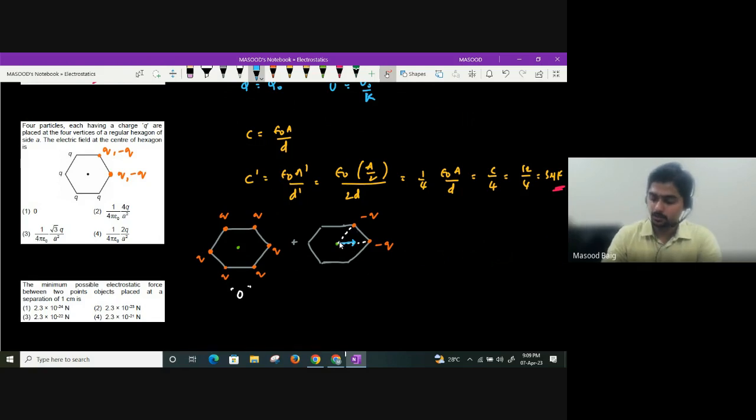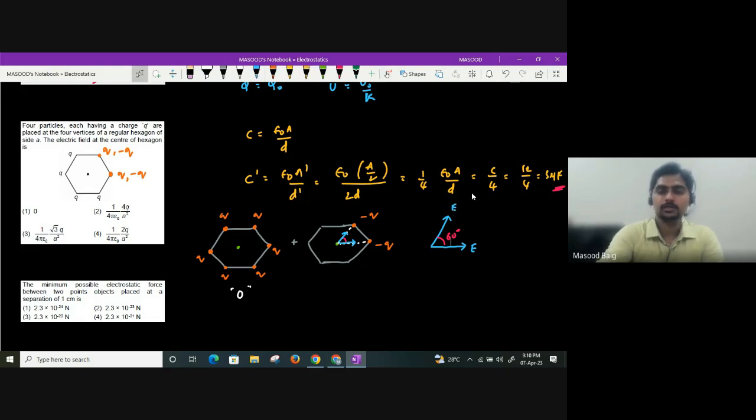This negative charge will also attract. Hexagon is made out of 6 equilateral triangles, guys. So what is the angle between them now? 60 degrees. So I have two fields inclined to each other by 60 degrees, and both those fields are the same, so you can write E here also, E here also.